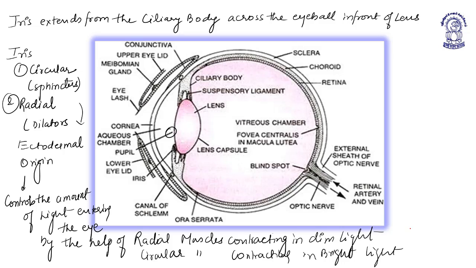So this set of circular muscles and radial muscles are under the control of the autonomic nervous system.